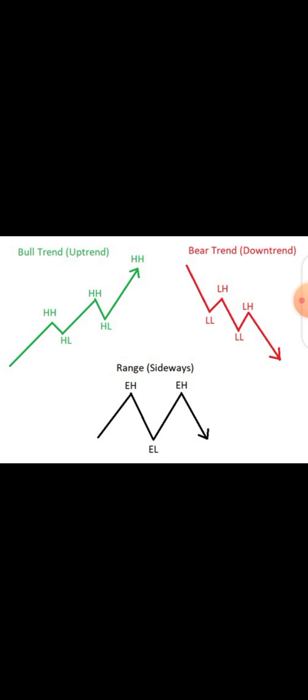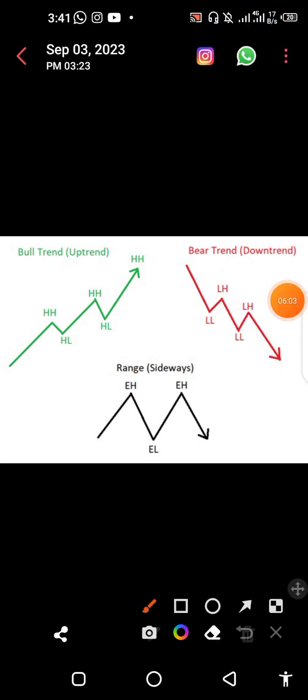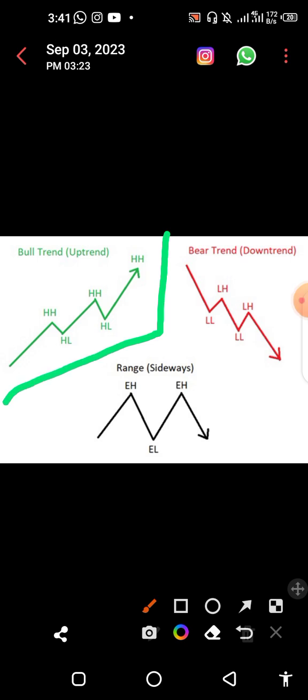All we've got to do is deduce what we mean when we say trending markets. There are two basic types of trending markets. We have what we call the uptrend. That's when price starts to move upwards, from a lower price to a higher price.